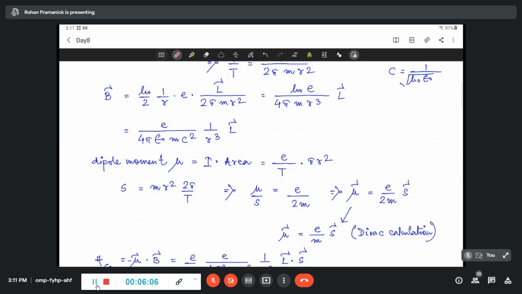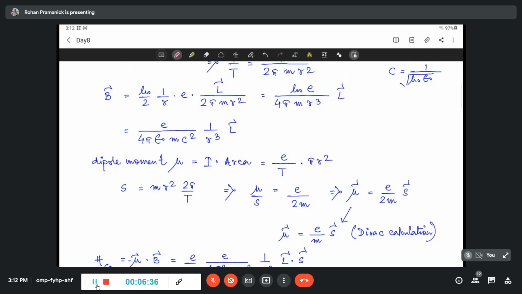So there is a magnetic field created by the proton, and the electron is within that. So the energy, that is the Hamiltonian, is mu dot B. This mu is the dipole moment of the electron. Wherever this mu appears, it will be of the electron. Wherever the mass appears in the expression of mu, that will be of the electron, because the electron feels the magnetic field of the proton, right?